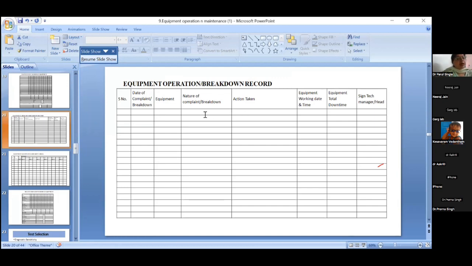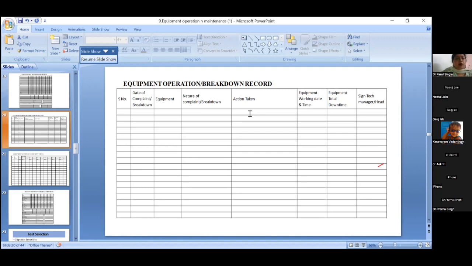Then what kind of breakdown or error log; whatever complaint is coming in the error log, what kind of complaint it is in the error log, you record that here. And action taken, whether you restarted the equipment or you called up the engineer.